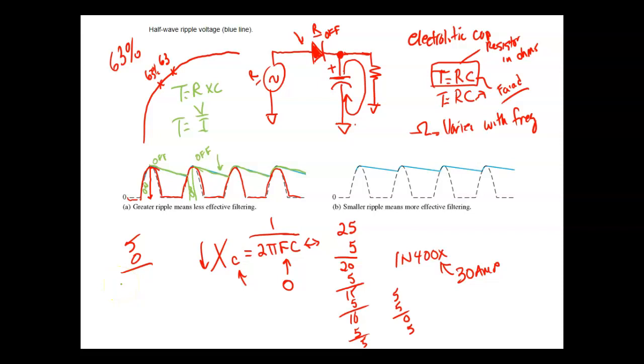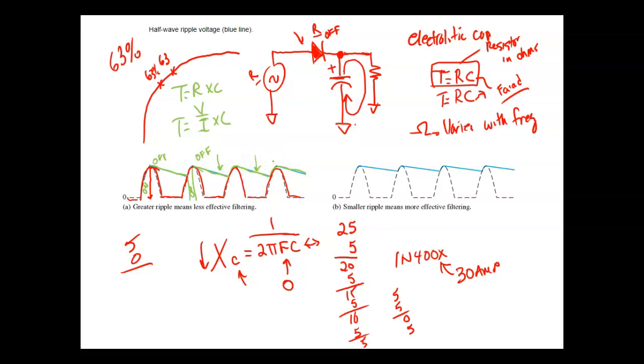You don't see what I'm writing? I'm right here in green. Let me change color. And then we would say times C. Then what we're trying to do is solve for this voltage right here.